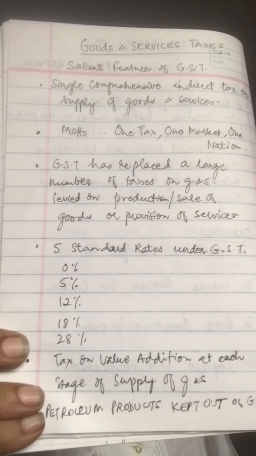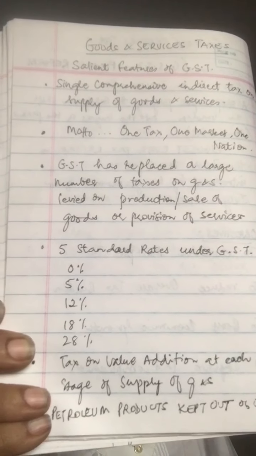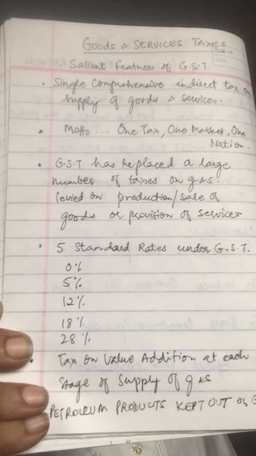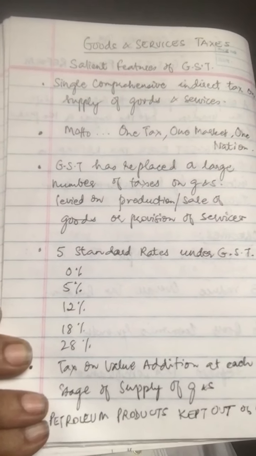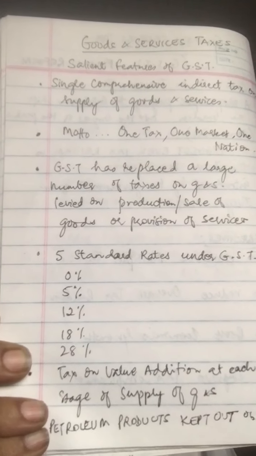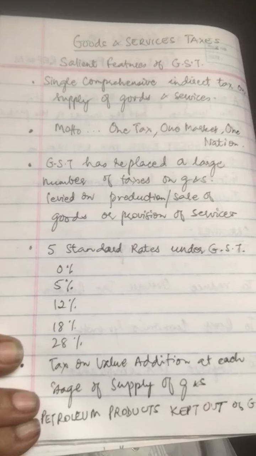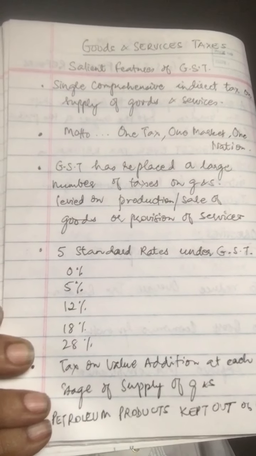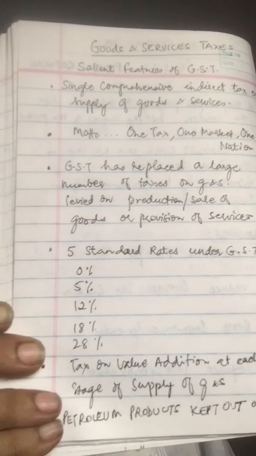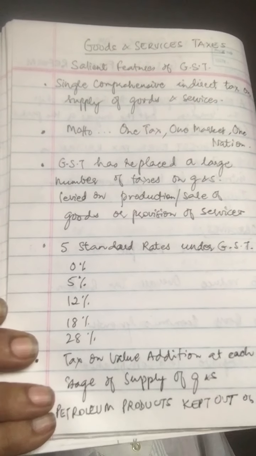And GST has subsumed a large number of central and state taxes. Some of the major taxes levied by the central government which have been subsumed in GST are central excise duty, service tax, and central sales tax.